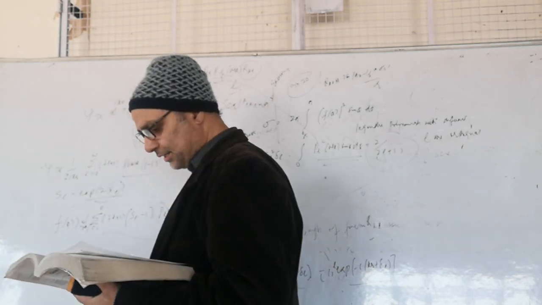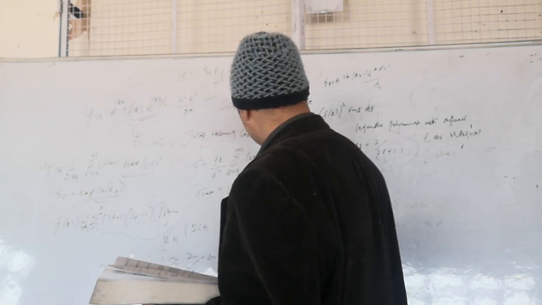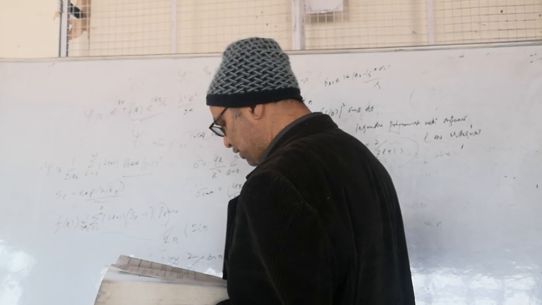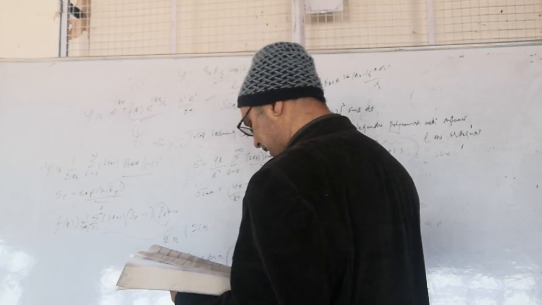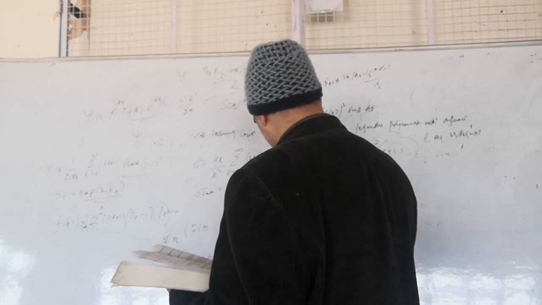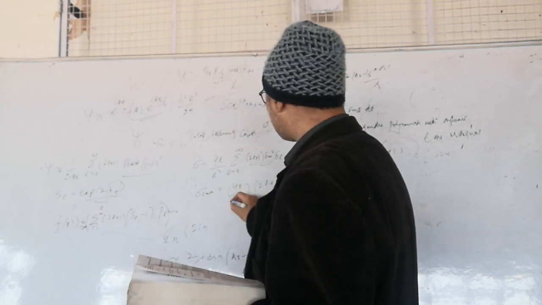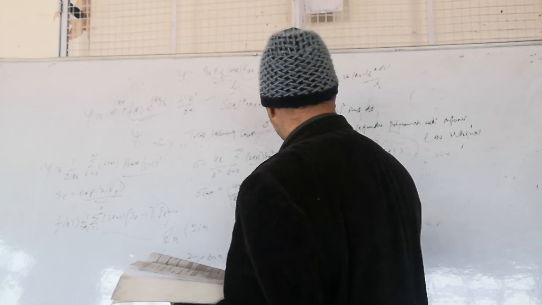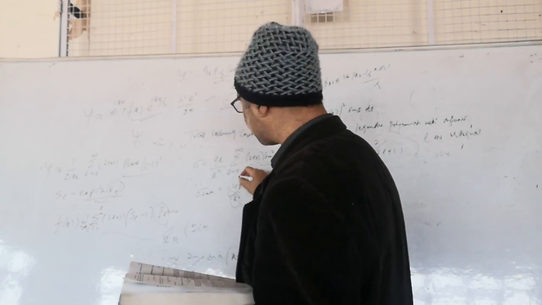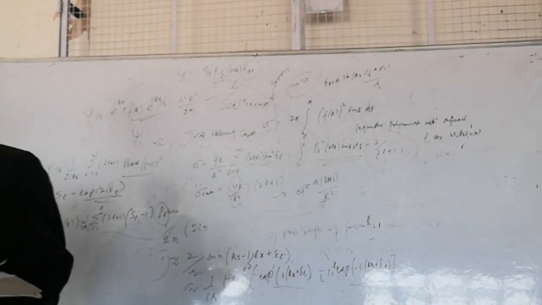If you compare it with the original formula, sigma_L comes out to be 2L plus 1 by k squared, where k can be R. But a factor of 4 comes extra in that. So it is a quantum mechanical result.